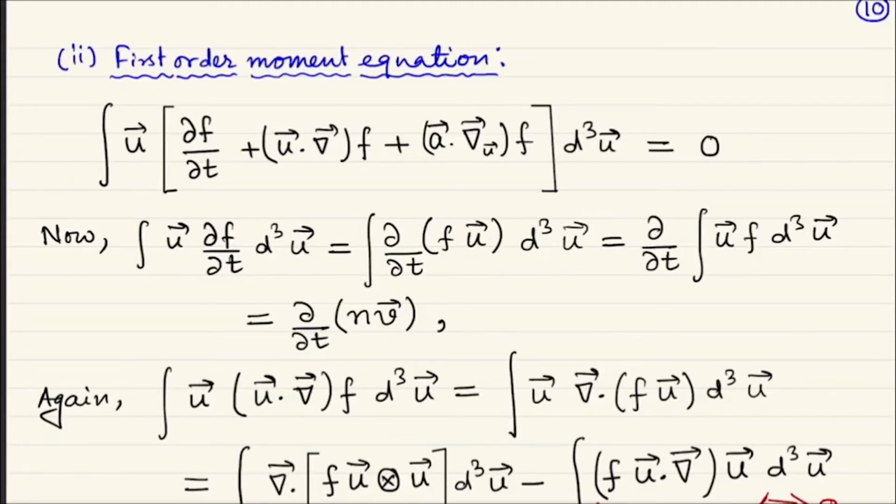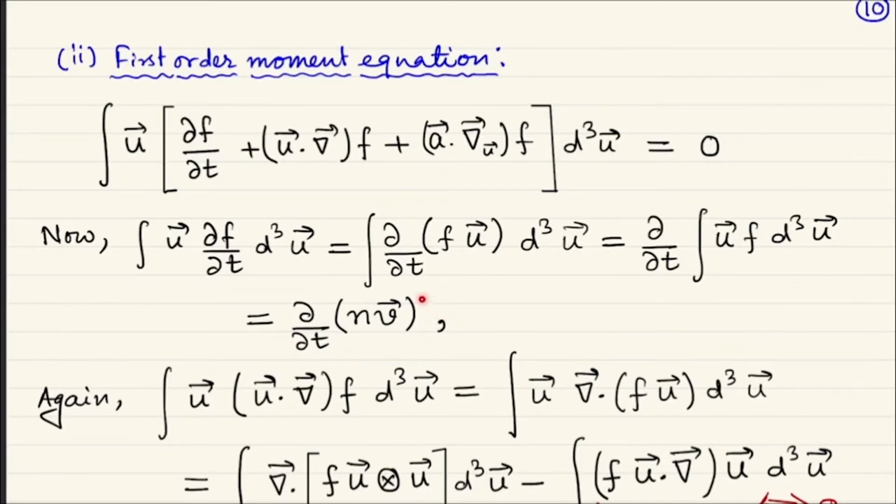Now the first term is the integration of u del f del t d cube u over u space. Del del t and u cannot see each other, so u can enter inside del del t. Again, del del t and this integration are independent, so del del t can come out of the integration. And what is inside is nothing but n times v, which we have already seen.